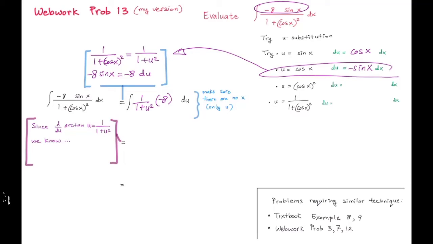Now, in the previous slide, we saw this. So that means that the integral of 1 over 1 plus u squared du is arctangent u plus c. So let's apply that. So now I have negative 8 times arctangent of u plus c.